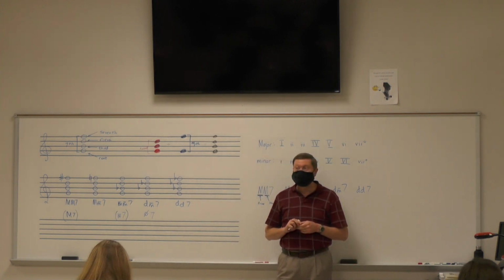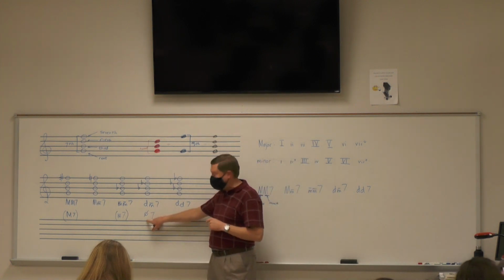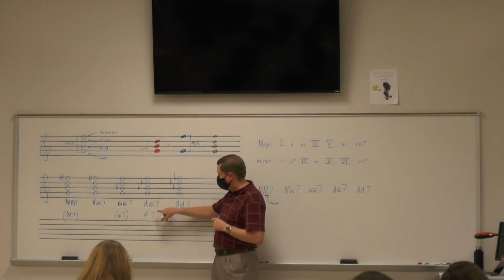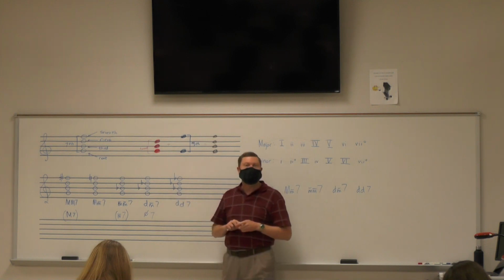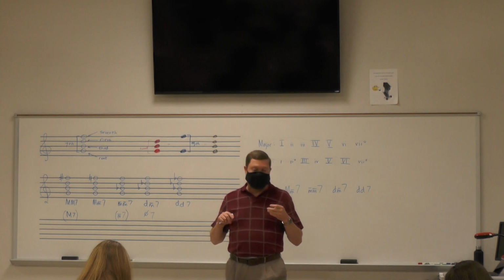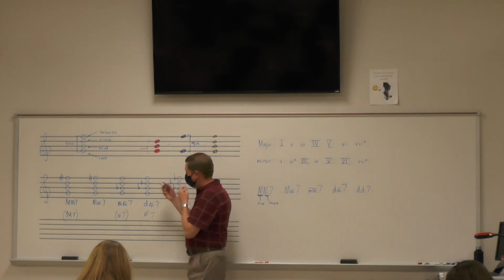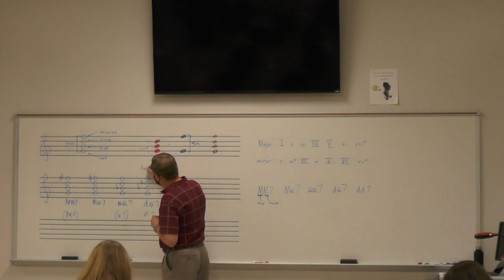Believe it or not. So, a circle with a slash with a 7 means diminished minor 7. And in terms of musicians and music, the diminished minor 7th is also referred to as the half diminished 7th chord.